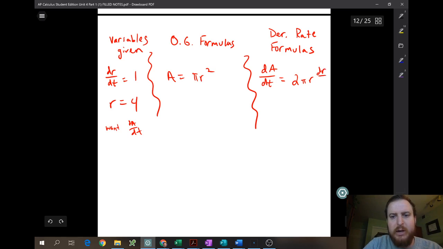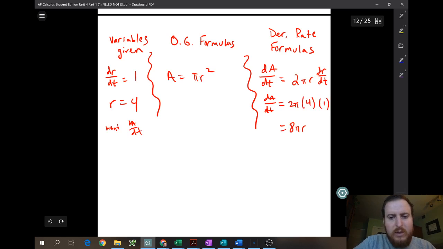And now once I get a formula over here, this is where I really start plugging in and solving. So dA/dt equals, and we had said that r was 4 and dr/dt was 1. And so we get 8 pi feet squared per second.